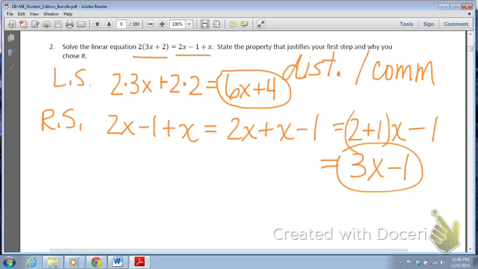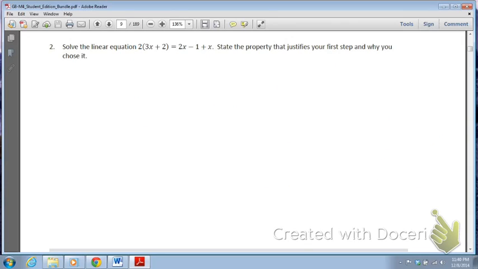So that's my right side, 3x minus 1. My left side is 6x plus 4. So I'm going to rewrite this equation with those simplified expressions. So I have 6x plus 4 is equal to 3x minus 1.